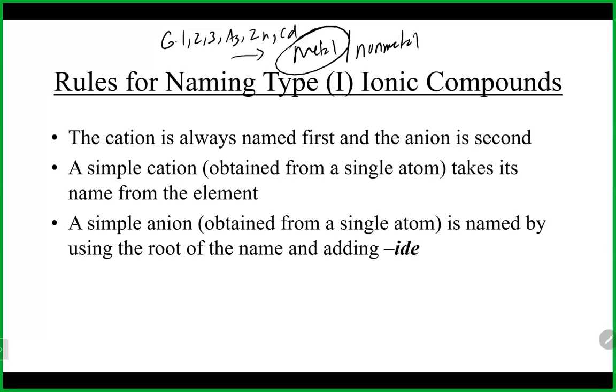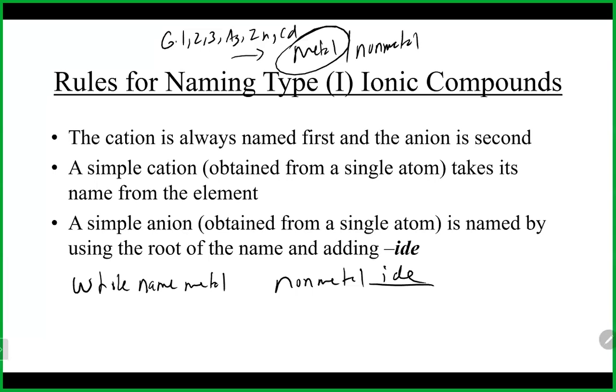As soon as you see that it is a type 1 compound, you pretty much could just roll right into the naming. And how do you name these guys? We simply use the whole name of the metal. And the non-metal, again, we drop the last part of the name and we replace it with the -ide. Once again, it does not matter how many of everybody you've got going on in this situation. It just rolls right into that.